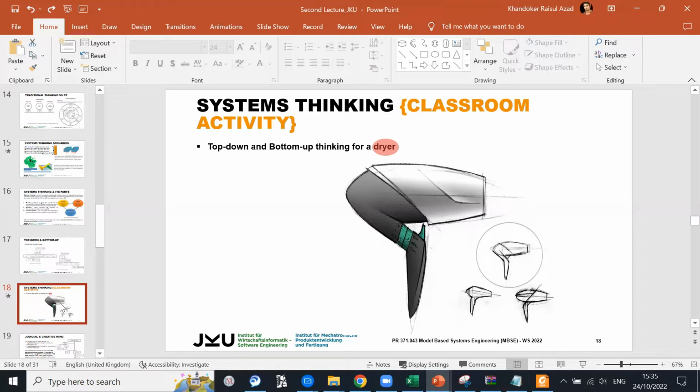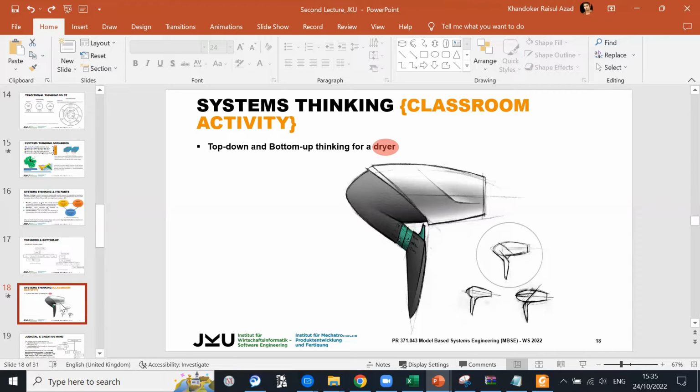I intentionally made a mistake so that you should ask the question. And let's see from the system point of view, what do we need to design this dryer? Or from the discipline perspective, what are we going to need to design this hair dryer? How many engineers do you need?